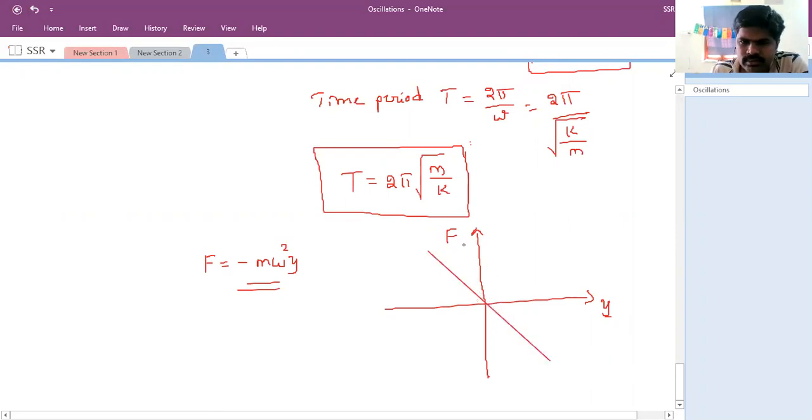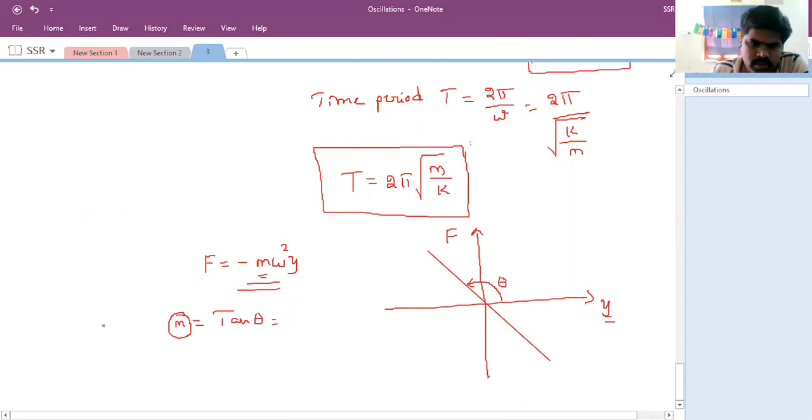Are you clear on this? F along the y-axis, displacement y along the x-axis, then F is proportional to minus y, so it will become a negative slope. The angle theta will be obtuse, greater than 90 degrees. Then tan theta is equal to slope. What is that m value here? Mathematically the slope m is different from the physical mass m, so don't confuse.